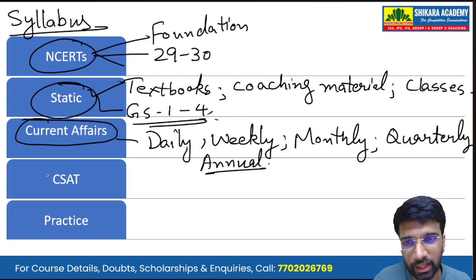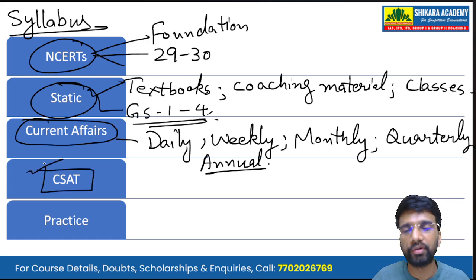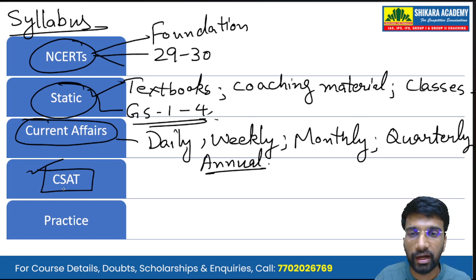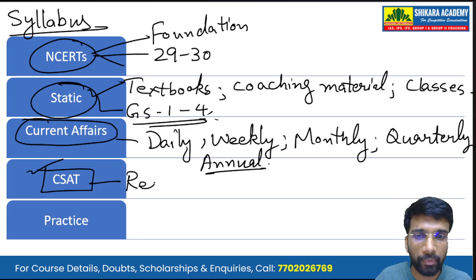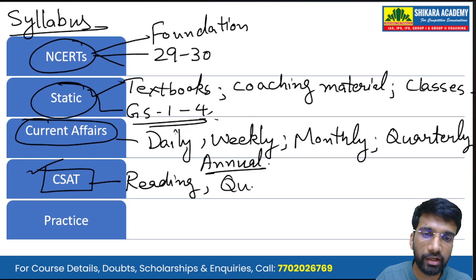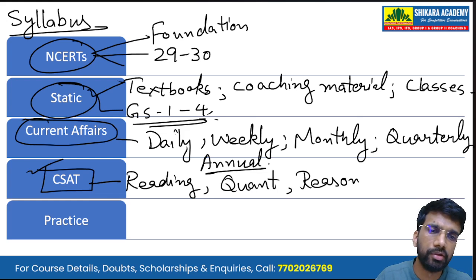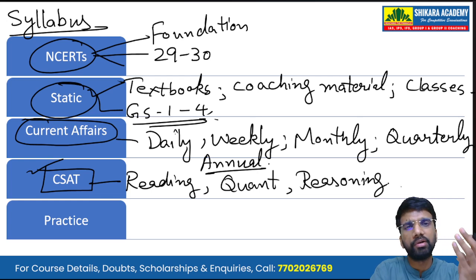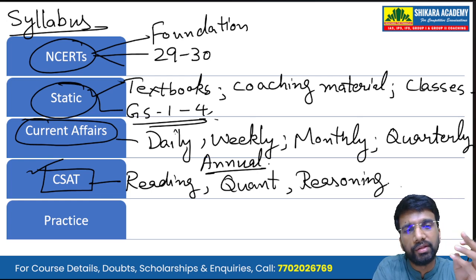Then, most importantly, the game changer that has been emerging over the years is the paper of CSAT, or how you are going to prepare for the CSAT. CSAT covers reading comprehension, quantitative aptitude, and reasoning. So, in a way, it is asking about some English, maths, and reasoning.